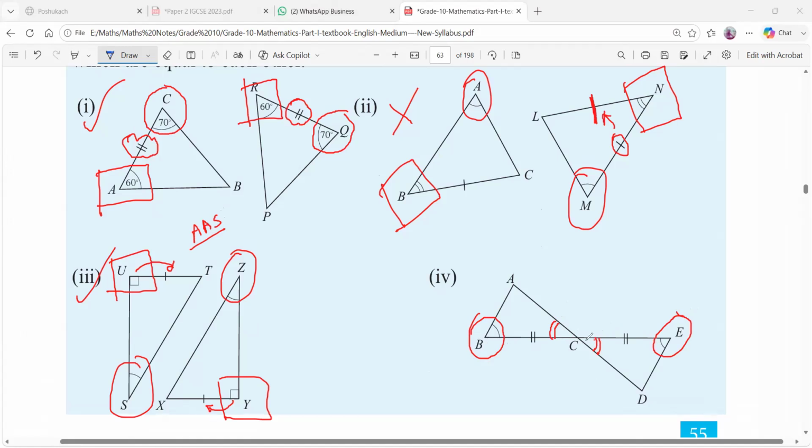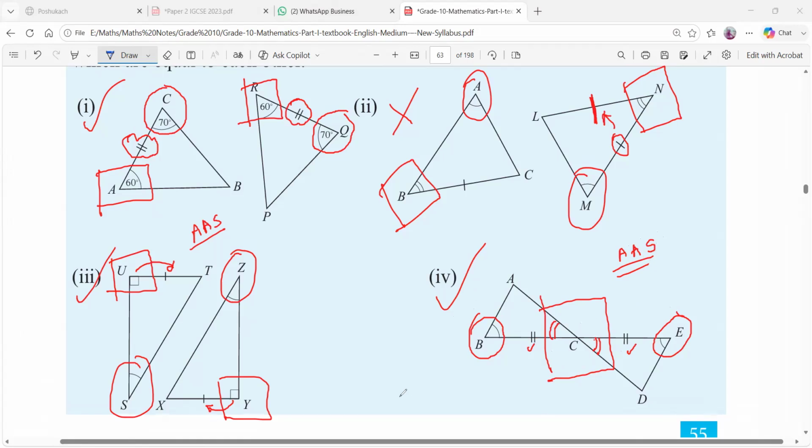They are already equal to each other. Between them, they have one line equal to each other. So two angles and the corresponding side. So it is congruent by the AAS case. Clear?